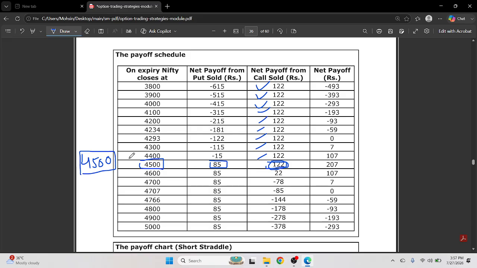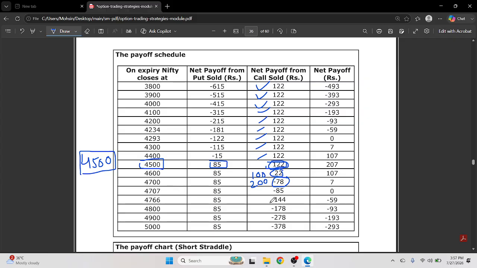If the market closes above this level, going in the upward direction, here the intrinsic value would be 100 points, but because we have received the 122 points, we are still in a profit of 22 points. Here the intrinsic value would be 200 points, and 200 minus 122 equals a loss of 78 points.